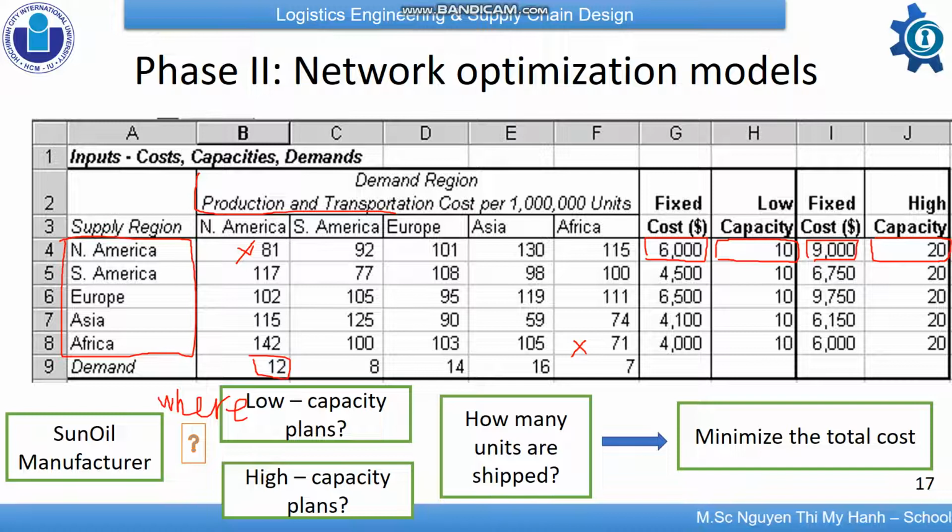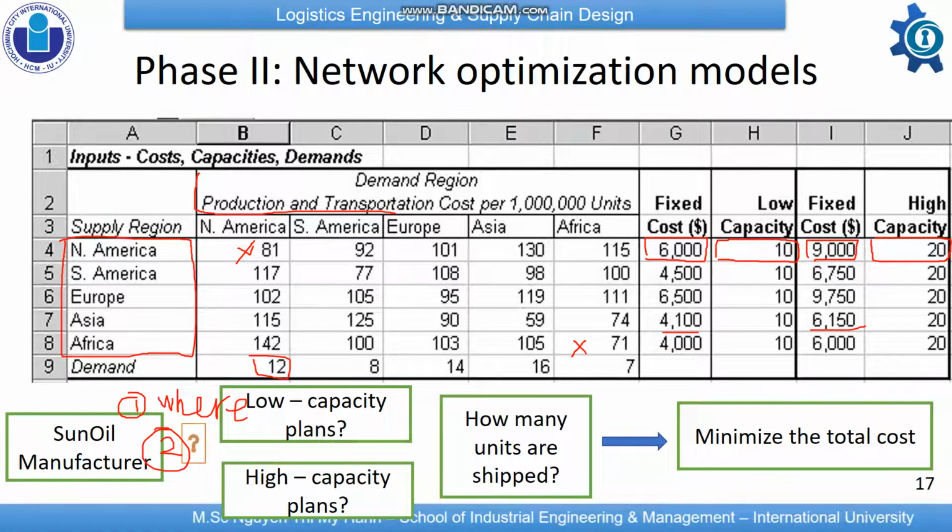And the second question is, for example, if they determine they should build their facility in Asia, they have 2 options. They should open the low capacity facility or high capacity. So that is the second question.